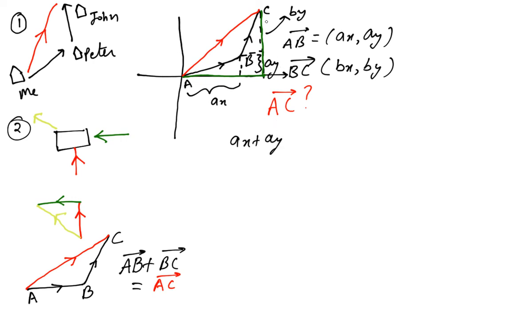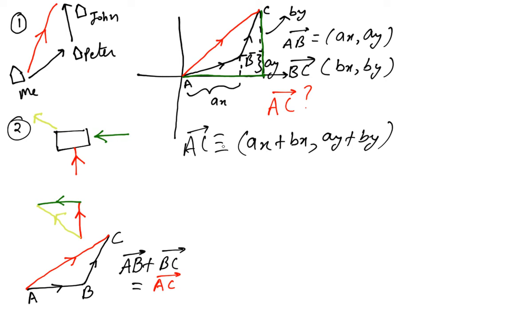Similarly, if you look closely, you will see the projection of AC on the y-axis is BX plus BY, isn't it? Oh, I'm sorry, I made a mistake here. The projection on the x-axis is AX plus BX, and similarly the projection on the y-axis is AY plus BY, and this is nothing but AC.